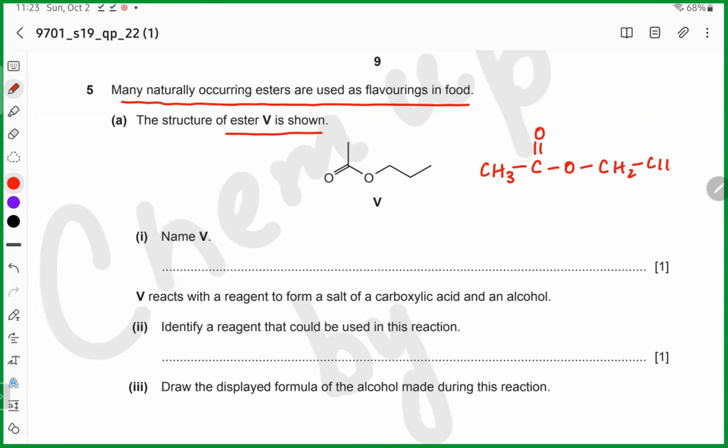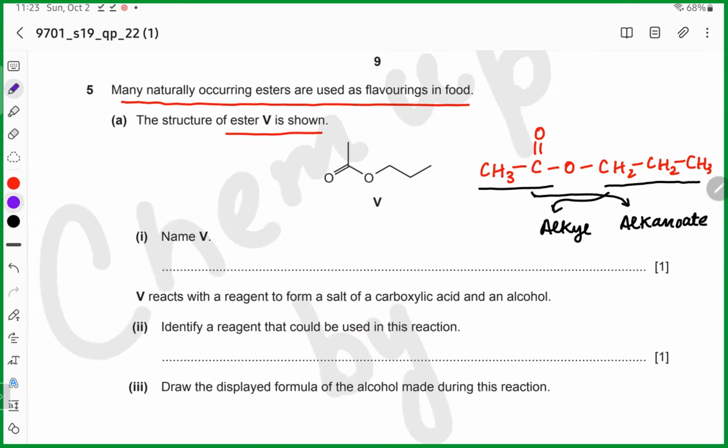So see, on one side of oxygen, we have a simple hydrocarbon chain that is named as alkyl, and the carbon chain containing C double bond O on the other side of oxygen is called alkanoate.